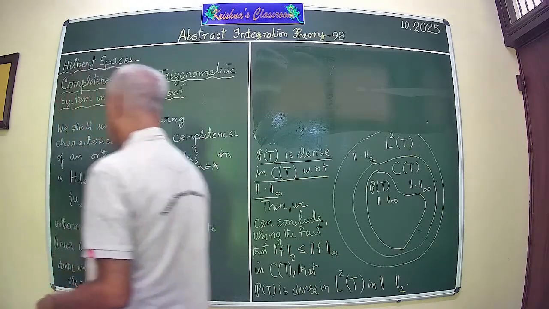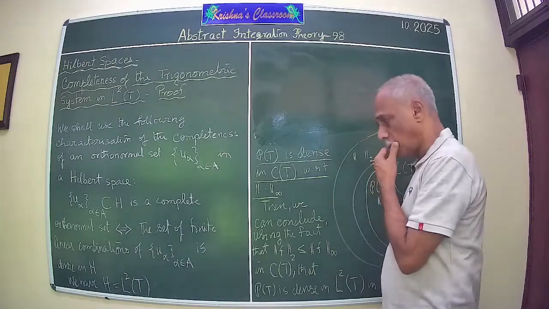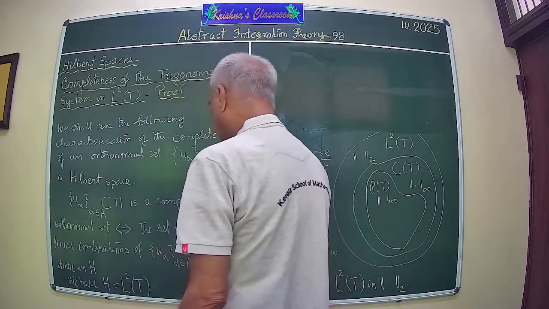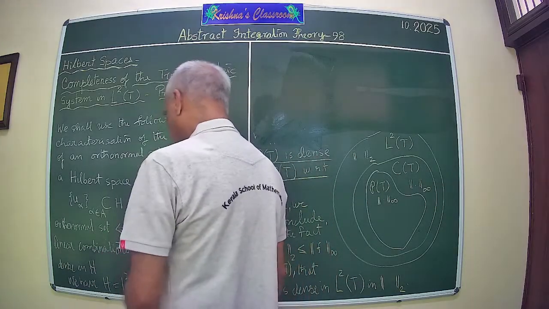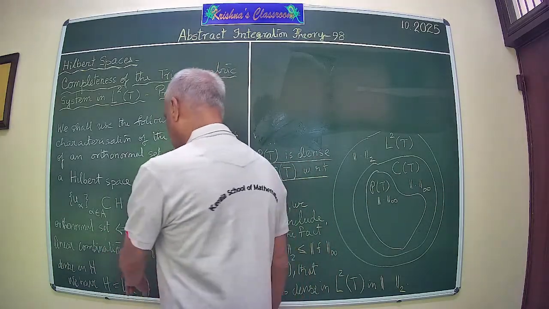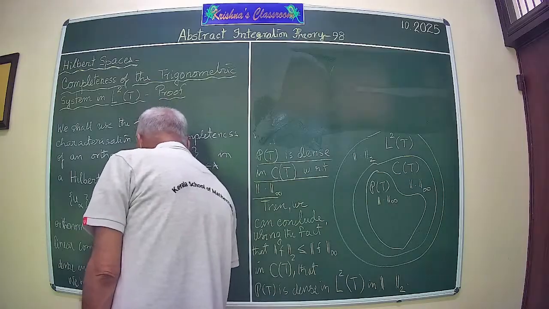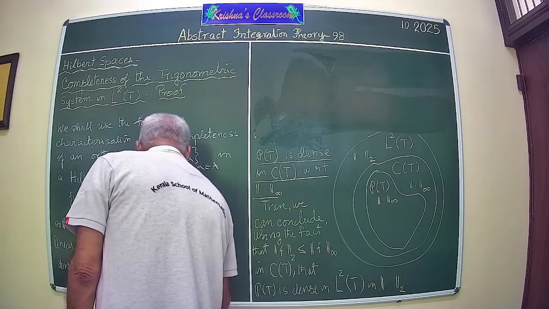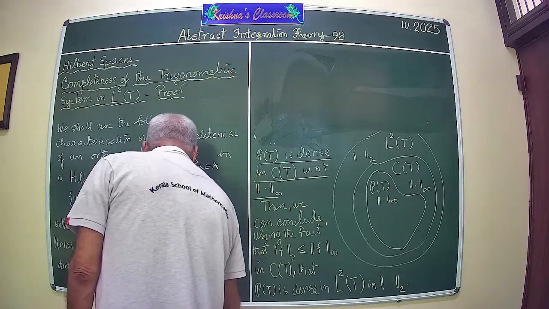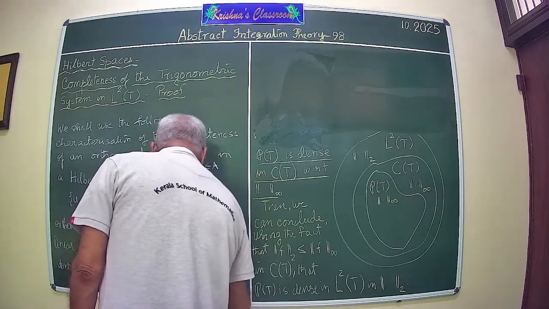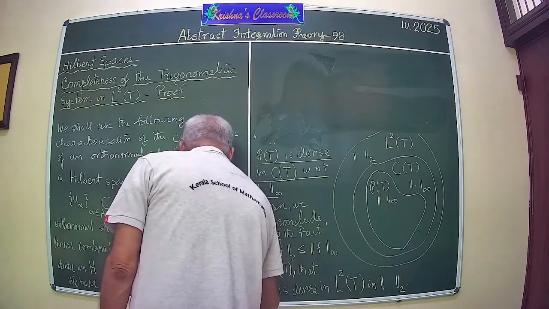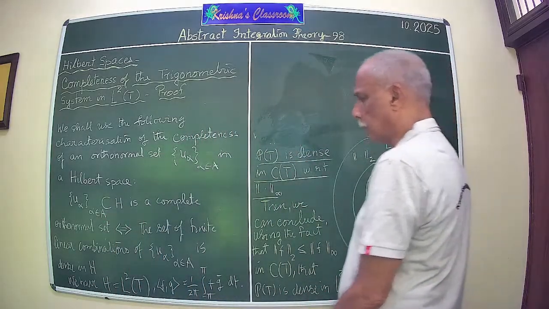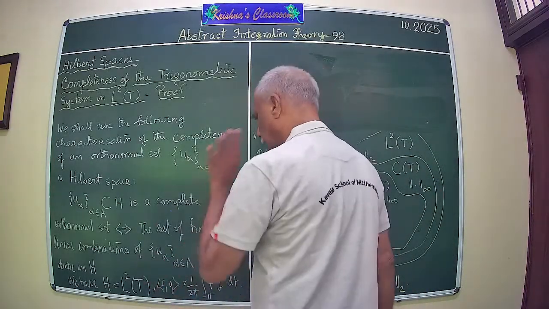With the inner product I have given earlier, L2(T) is complete. Therefore, with this inner product, the corresponding inner product space is a Hilbert space.